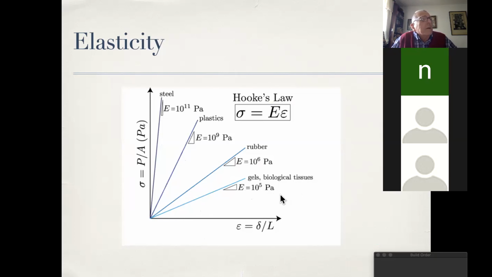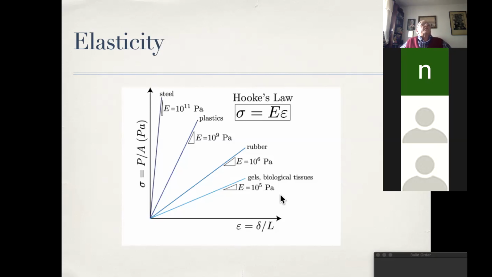The common rubber, for which it is easy to check by yourself that the Hooke law is really true, is slightly larger, 10 times larger. The plastic materials, like that material out of which the mineral water bottles are made, is 10 to the 9th of a pascal.